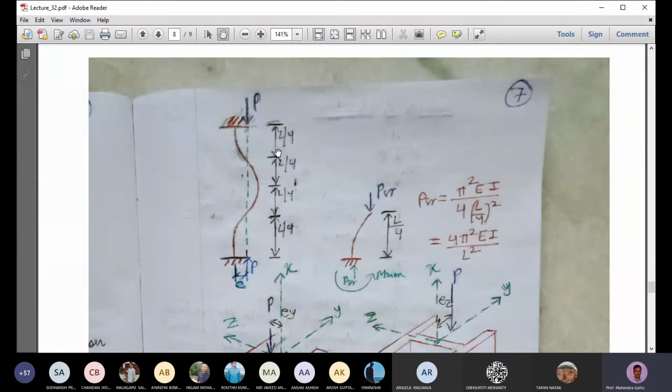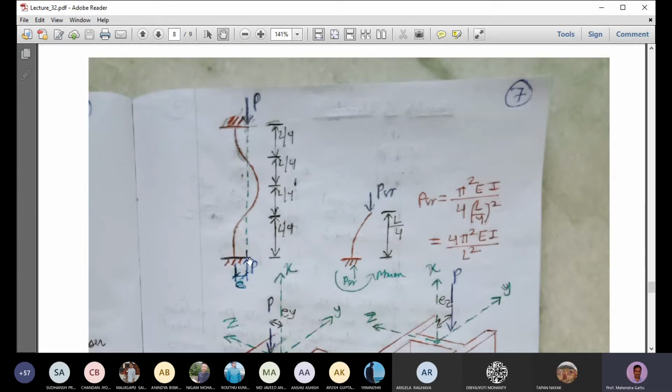So what we can do with this deflected shape analysis is that we can treat the portion of the column from the bottom end to the first inflection point like a cantilever beam. So we have this fixed support, and we have the portion of the column up to the inflection point.